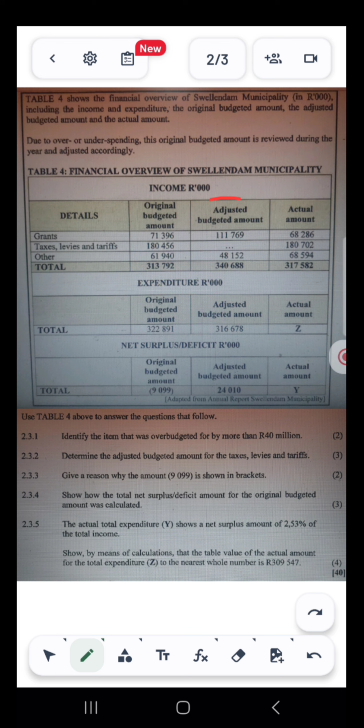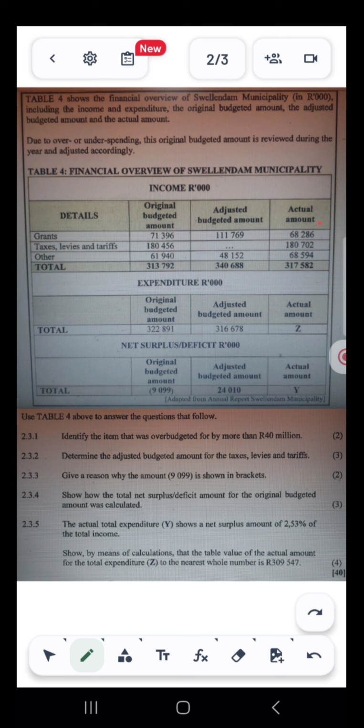And then during the year they adjusted it. So when they adjusted it, grants went from 71 million to 111 million 769,000. Taxes and levies were adjusted as well. And then other was adjusted from 61 million to 48 million 152,000. So grants adjustment went up, other adjustment went down.